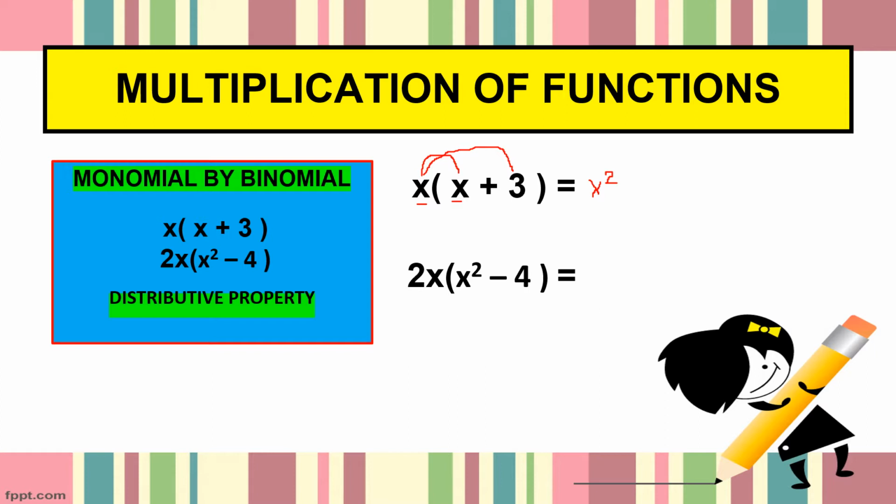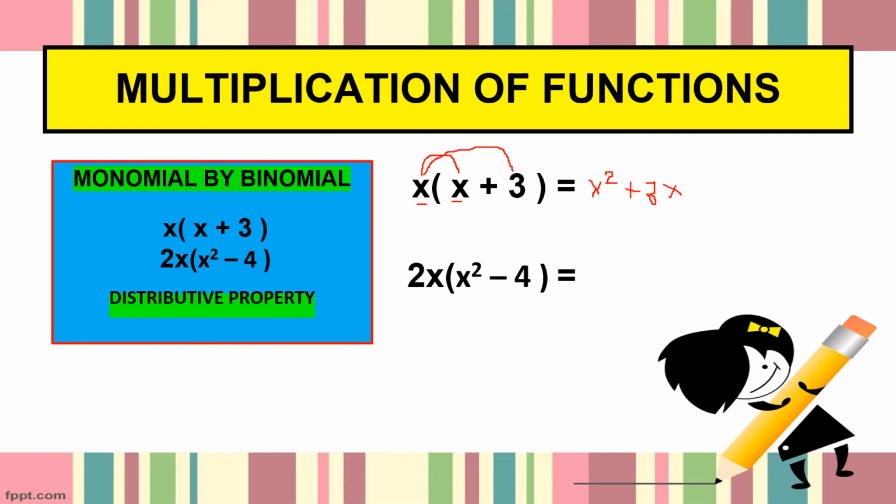In here, where there is no exponent, that is equivalent to 1, an invisible 1. So 1 plus 1 equals 2. Okay, next, monomial outside, and then your second term. So x times positive 3, that is positive 3x. So the final answer here is x squared plus 3x.